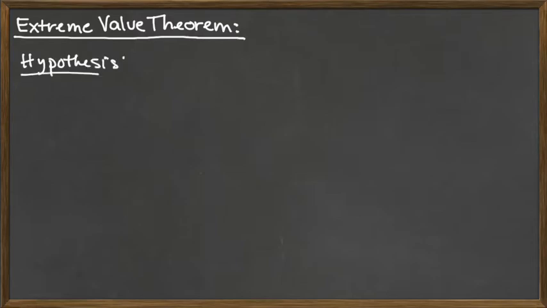A hypothesis is something that has to be met so that we can come up with a conclusion as a consequence. And so the hypothesis is f of x is continuous on a closed interval [a, b].